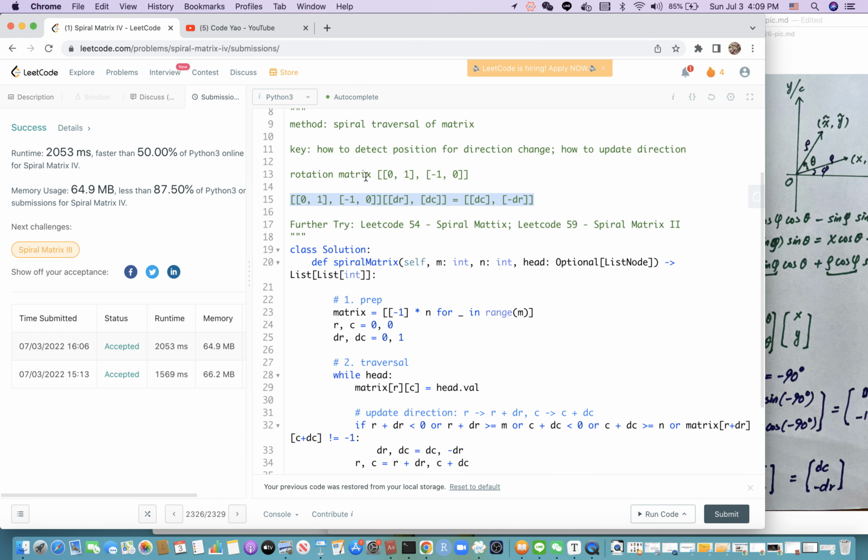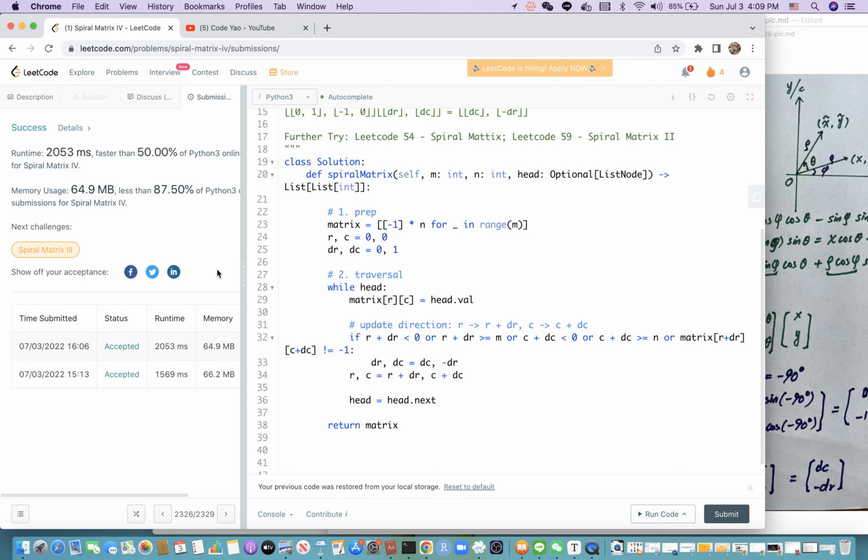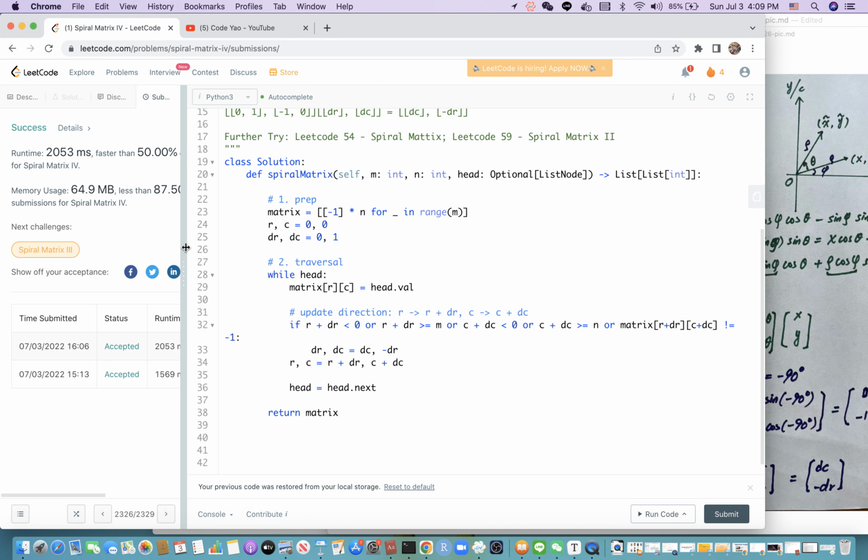So in here, we computed this rotation matrix 0, 1, negative 1, 0. So this is the original direction dr, dc. So we multiply them, you get dc, negative dr. That's the direction update rule here, right?